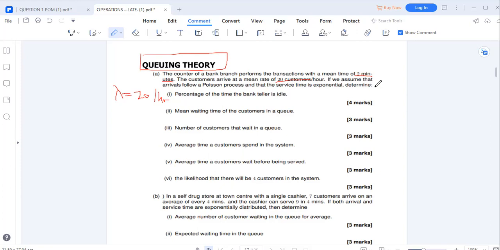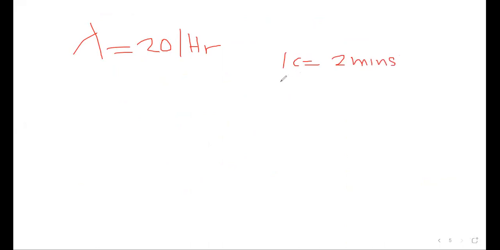The arrival rate is 20 per hour. For the service rate, one customer takes 2 minutes to be attended to. Now, how many customers will be attended to in an hour?